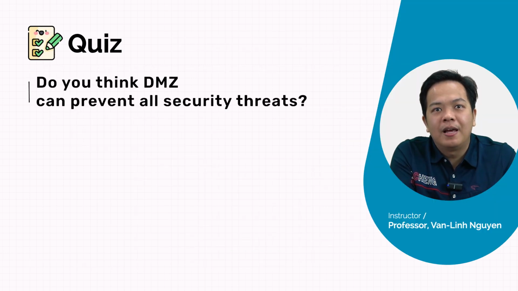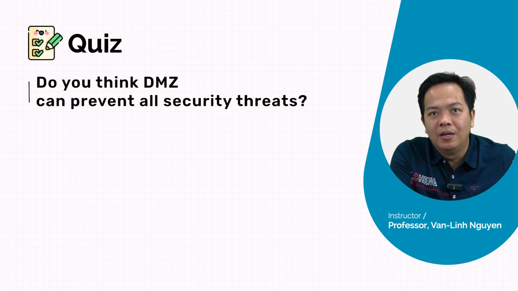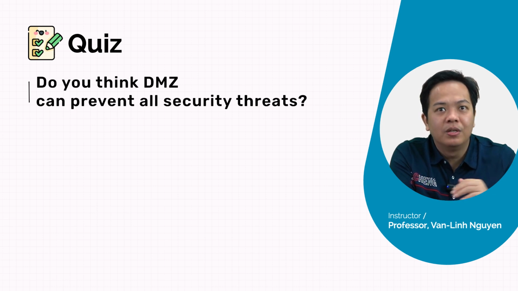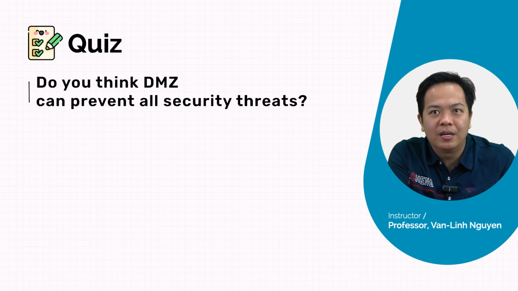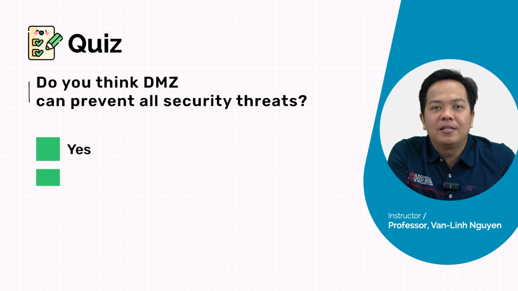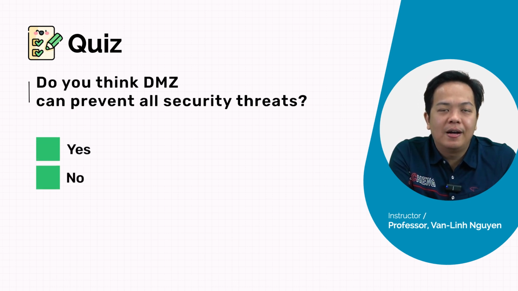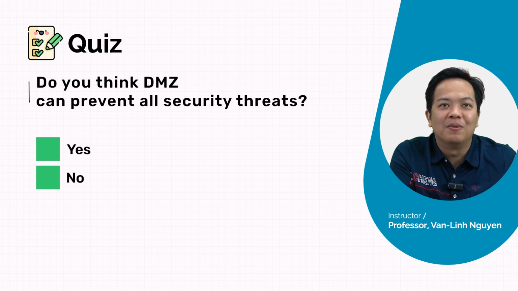So the last question, because the DMS includes so many tools: do you think the DMS can prevent all security threats? To my opinion, it's impossible. That's why you still see many successful attacks on the news, right?